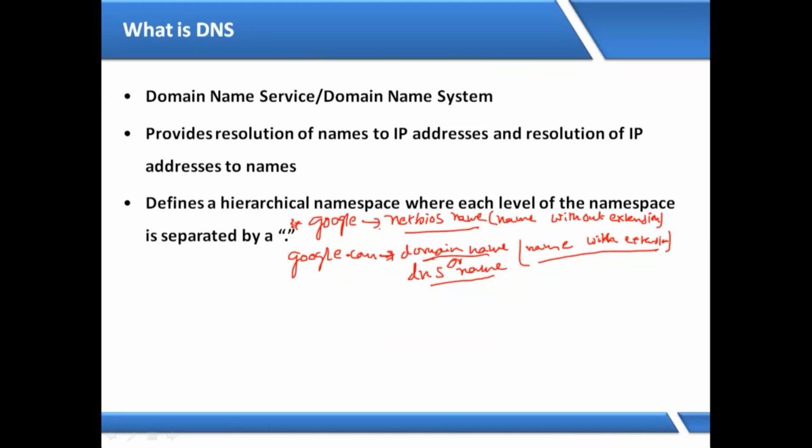Just think of any website name and tell me how many dots the full name contains. A name with extension is called a domain name or DNS name. A name without extension is called a NetBIOS name. But all websites in the world contain how many dots? Pranav has written the answer. What about others?